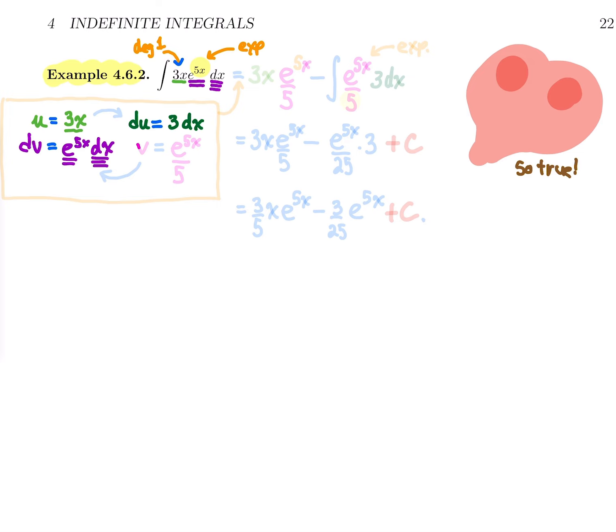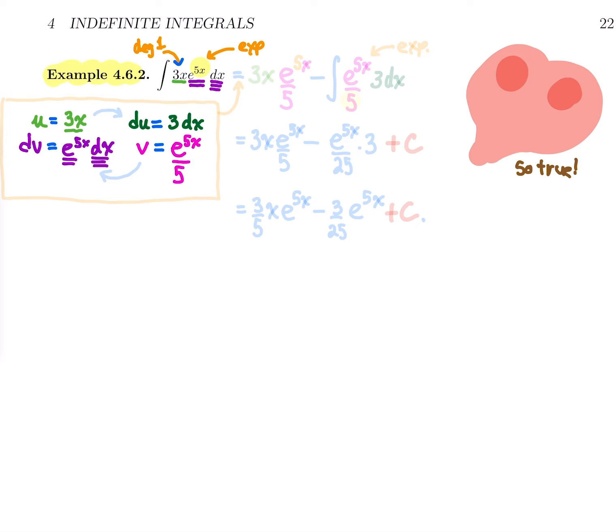Anyways, so what about v? For v, I need to integrate e to the 5x. I know e to the x is e to the x, but now I have e to the power of a linear function. I'm going to use my linear trick, which will give me e to the 5x again, but you have to divide by the slope, which is 5.